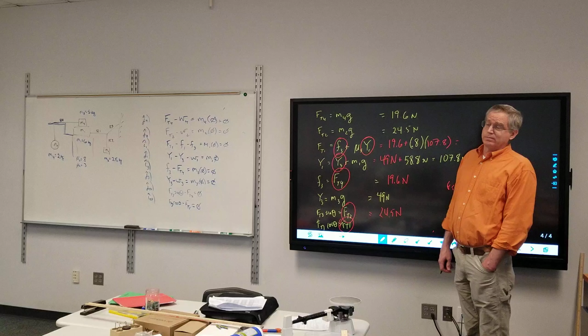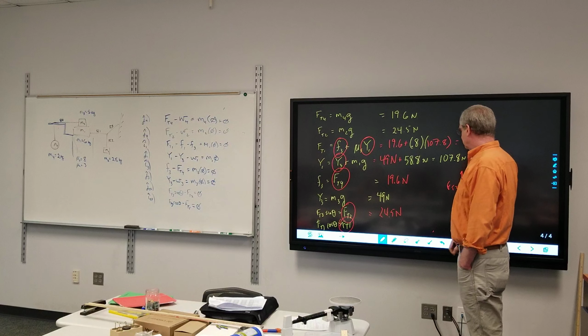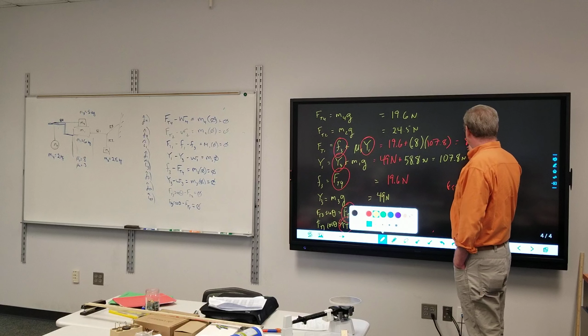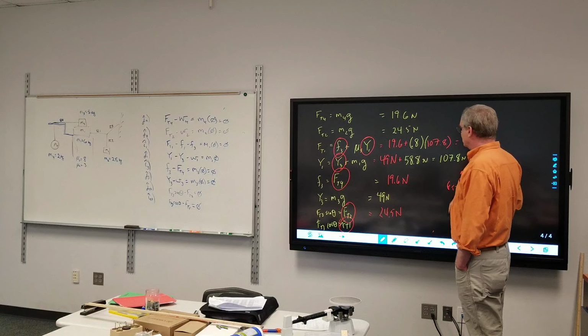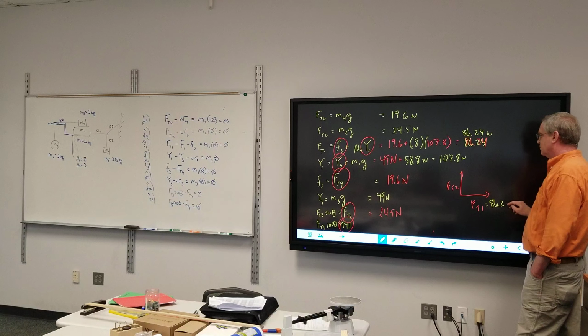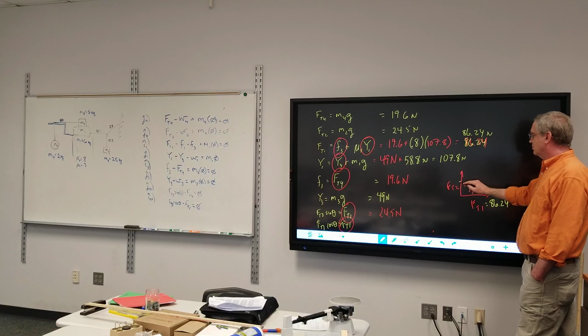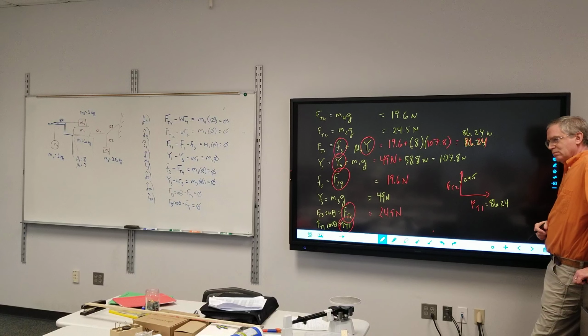So FT1 is equal to 86.24 newtons, and then since we figured out FT1, we figured out FT3 cosine theta, because that's equal to FT1, meaning FT3 cosine theta is 86.24. And then those squared and added and square rooted is 89.65.